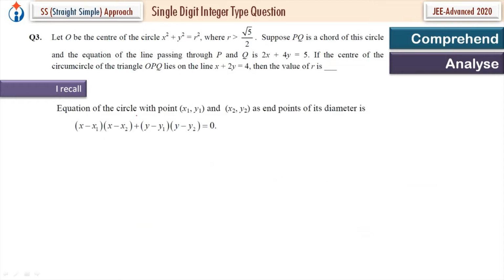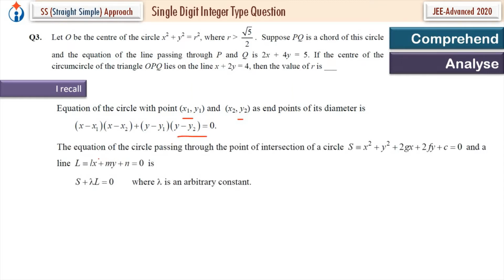I also recall equation of circle with points x1, y1 and x2, y2 as endpoints of diameter is this. NCERT result. Equation of the circle passing through the point of intersection of a circle and a line: S equal to 0 is the equation of circle, equation of line is L equal to 0, then S plus lambda L equal to 0, where lambda is an arbitrary constant.